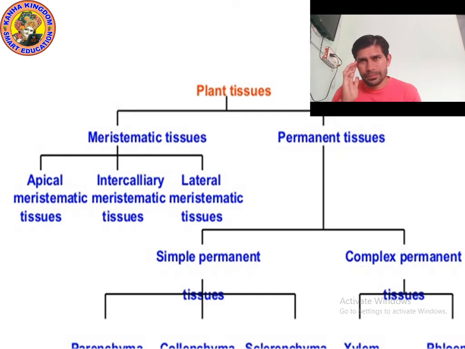Most of the cells and tissues in plants are dead, and that's why they provide mechanical support and strength. But most of the tissues in animals are living cells. The growth of animals is more uniform, and the growth of plants is non-uniform. I hope you understood.